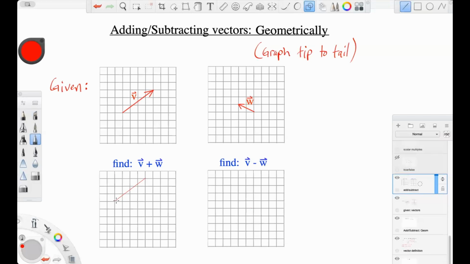There is vector v, and since it's a vector, I want to indicate its direction. Actually, I do want to move this, because I was just looking at vector w and I'm going to have to add that. So let me move that down here. 1, 2, 3, 4 to the right, and 1, 2, 3 up. And there is vector v. I'll label that as vector v.